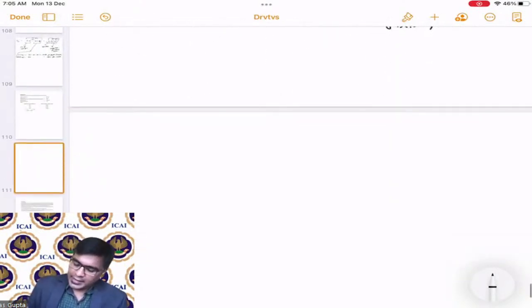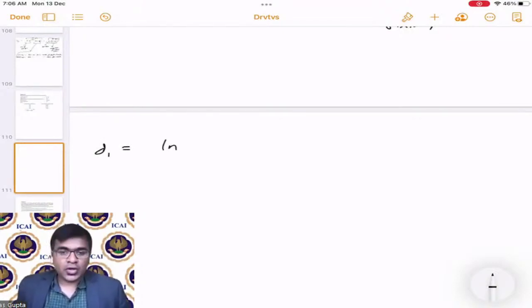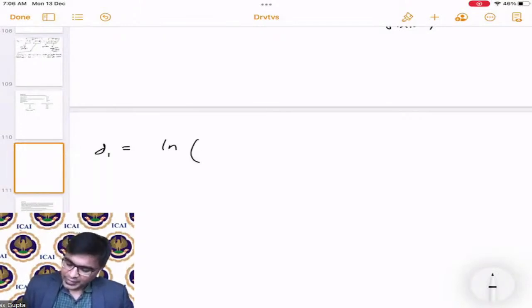And in this, D1 was, we have to write the formula once so that we can put the figures. So this was the natural log, not the simple log. Why natural log? Because the natural log has the base e and we have to apply that.